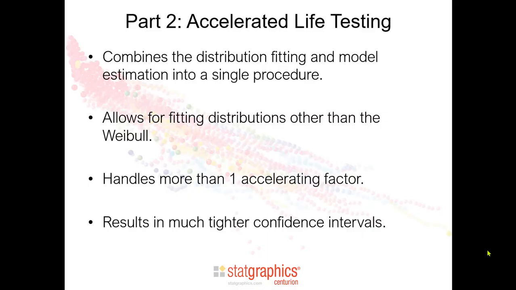It also allows for fitting distributions other than the Weibull distribution if another distribution is more appropriate. In part 2, we'll see that this procedure also handles more than just one accelerating factor. The result is much tighter confidence intervals.